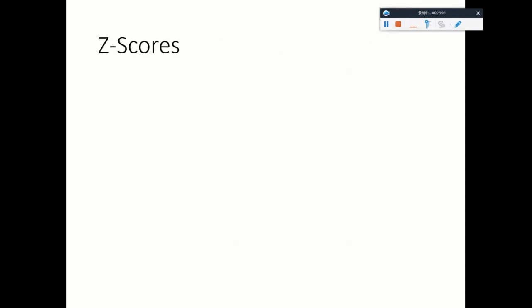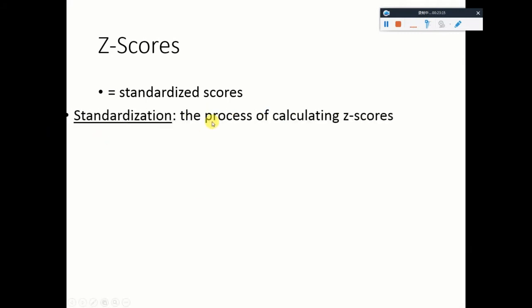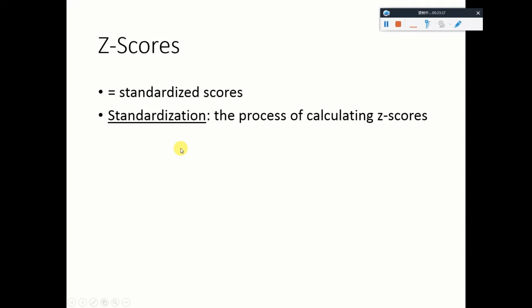Another name for z-scores is standardized scores. These standardized scores are produced from a process that we call standardization. It's an activity, a process of calculating z-scores.